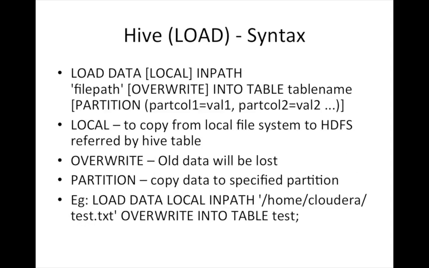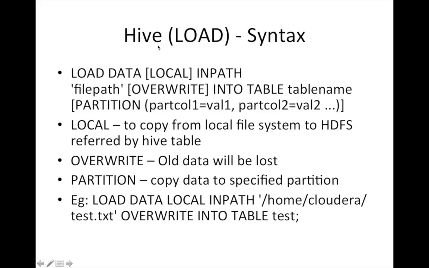Okay, and this is the syntax, and the last one is the example. So load data in path, and then the path name. The file path can be either an HDFS path or local file system. In our case, we are talking about copying data from local file system into Hadoop, so the file path will be local, and then overwrite.